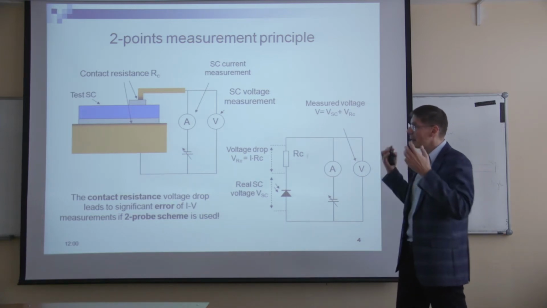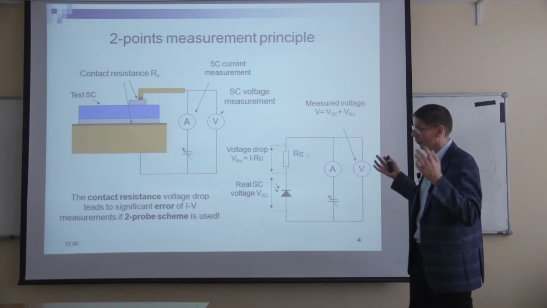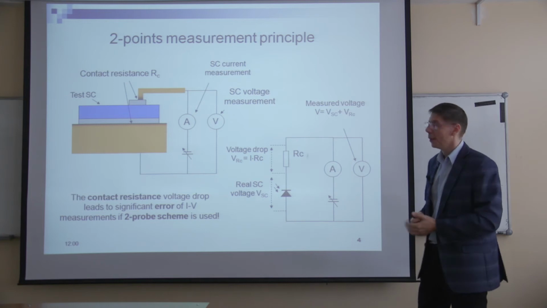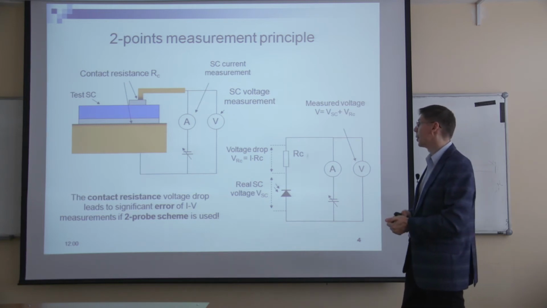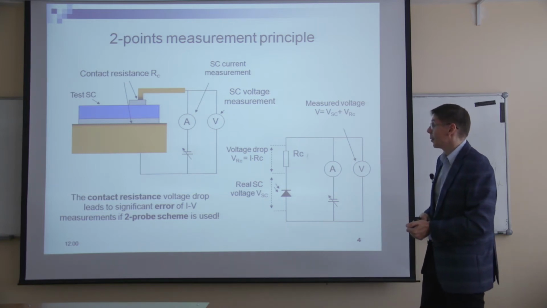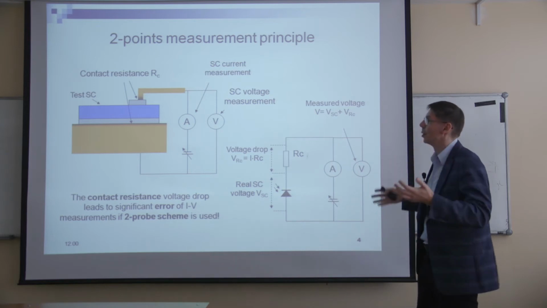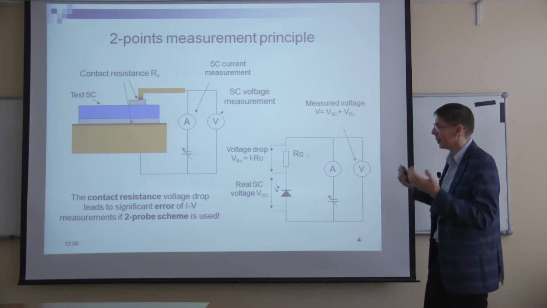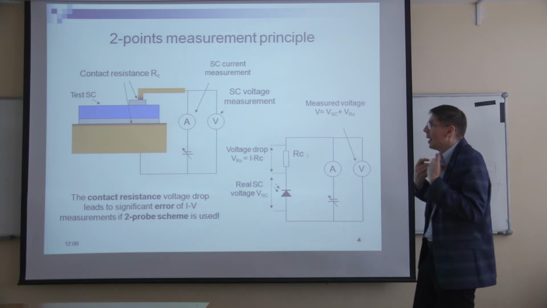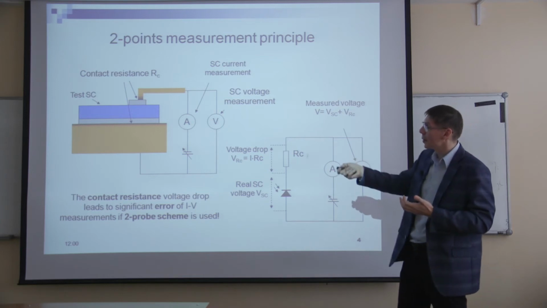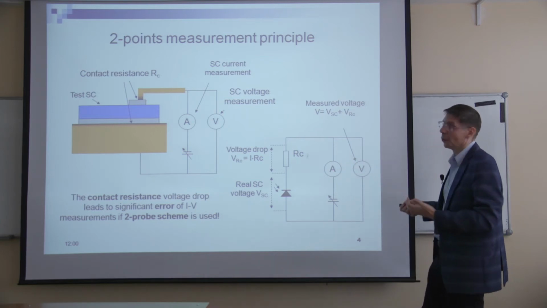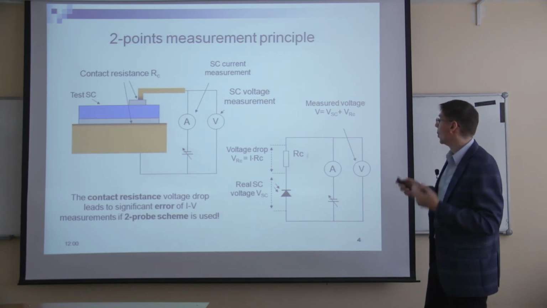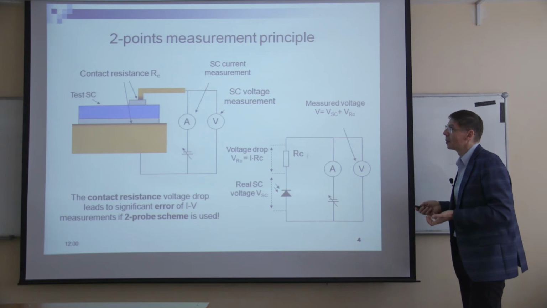So if we are thinking about a large area solar cell of 100 square centimeters, this contact resistance could lead to a huge error of the measurements. And it is not related to the properties of the solar cell. It's just related to the problem of the measurement. So to avoid this problem, there is a quite seamless way.